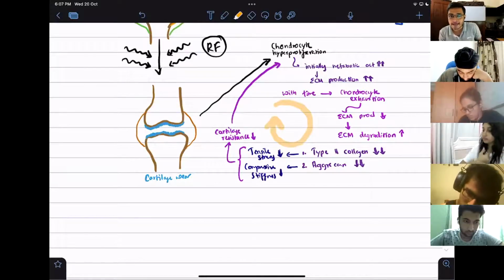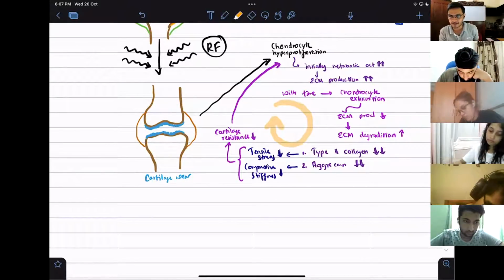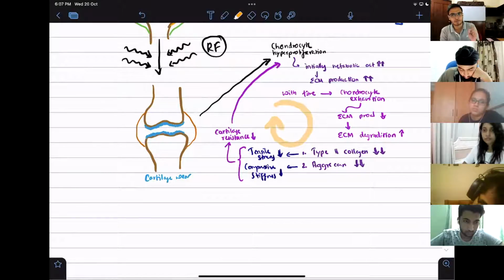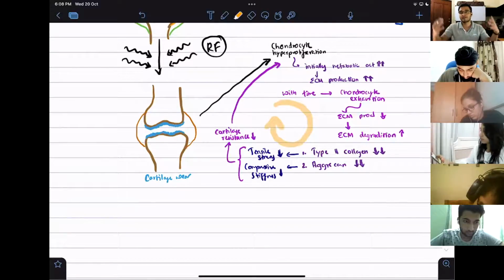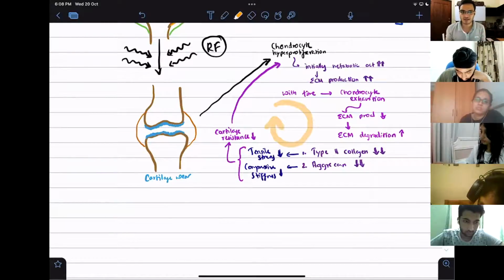This is why, when we come to the clinical diagnostics, initially in a patient developing osteoarthritis, especially in early stages, you all know the disease progression can vary. Some people start showing symptoms 5-10 years later. During these early years, patients will have occasional joint pains.